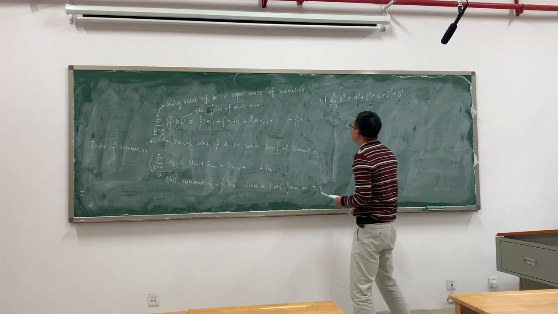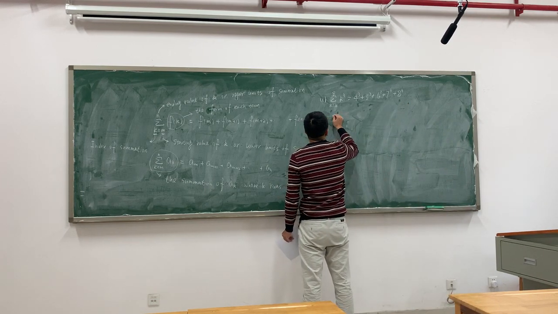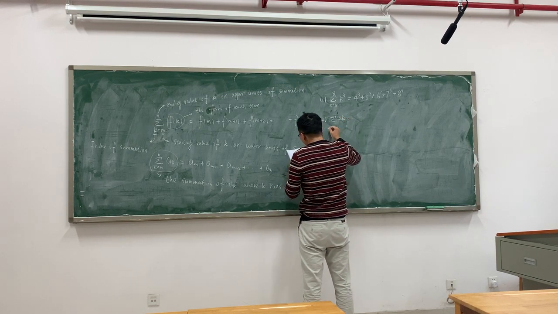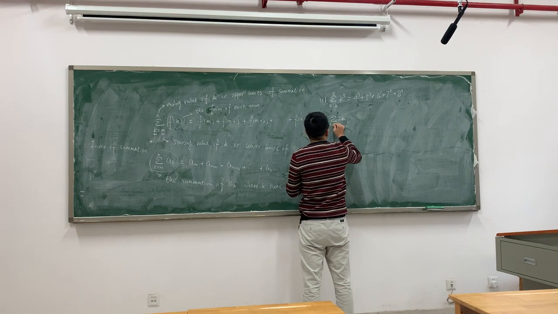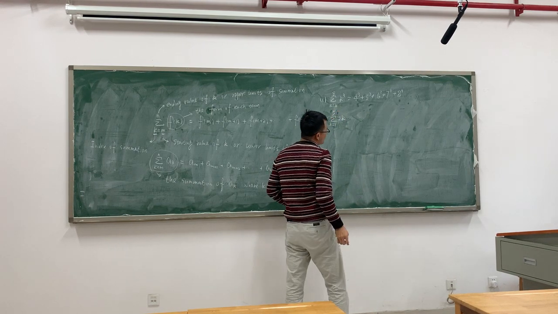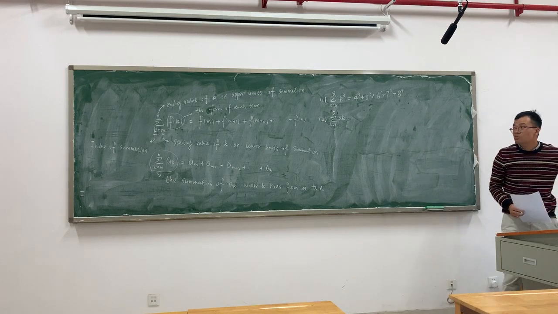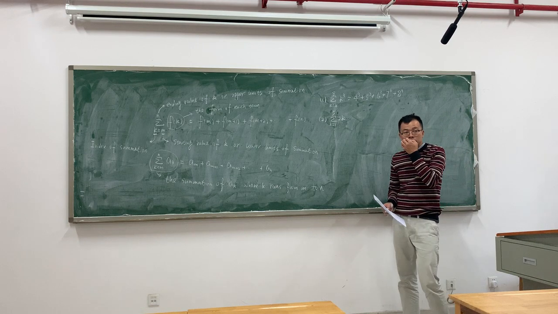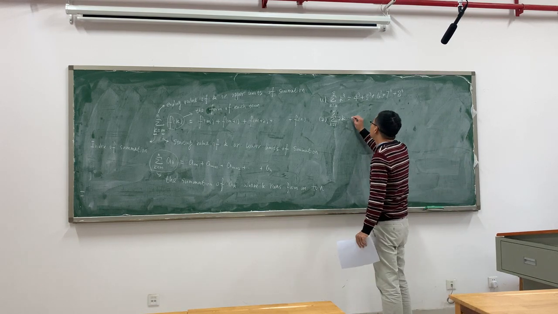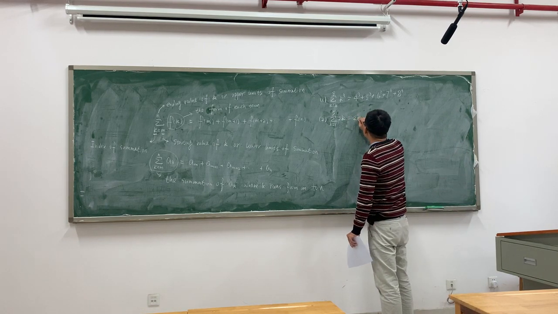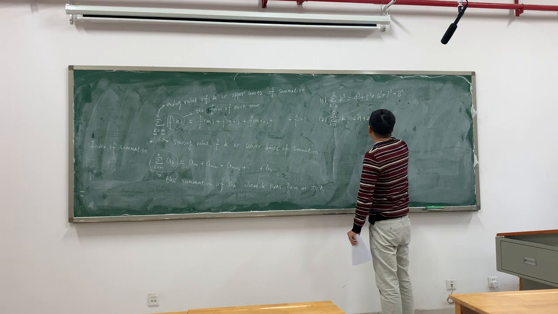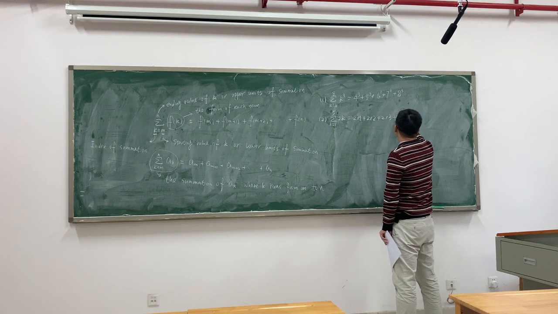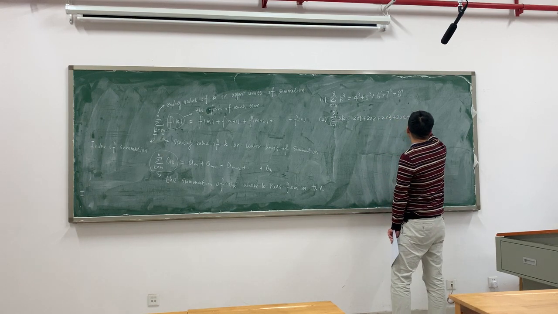Now for the second one. The summation of 2k as k runs from 1 to 5. This is 2 times 1 plus 2 times 2 plus 2 times 3 plus 2 times 4 plus 2 times 5.